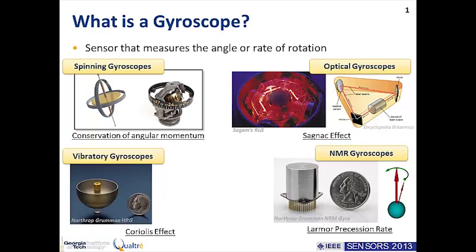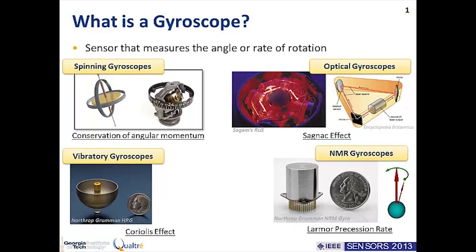So probably the gyroscopes that are of most interest for us are these vibratory type gyros. And the reason they're interesting is because they basically don't have any moving parts, unlike the spinning type gyros, in which you probably have a lot of bolts and screws. But these are composed of just a solid type of resonant device.